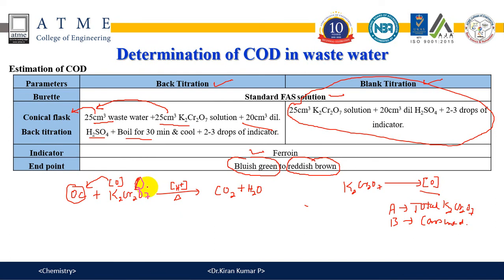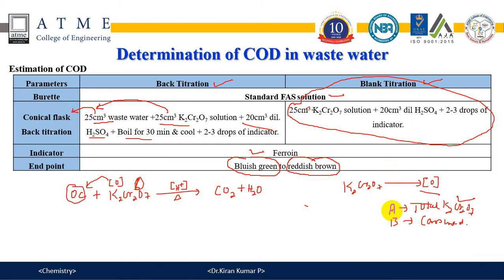Hence what we will do is calculate total K2Cr2O7 by carrying out blank titration. You can see here in blank titration we have not added the sample, but we can calculate total K2Cr2O7 added from blank titration.